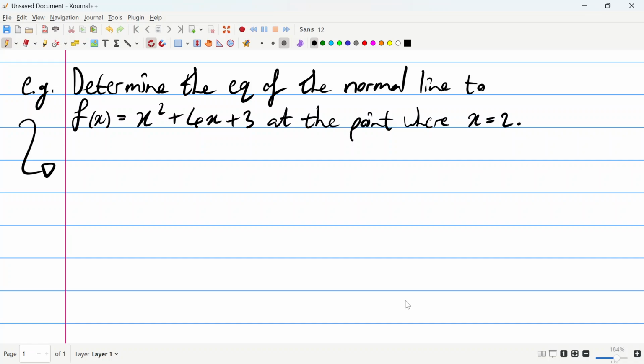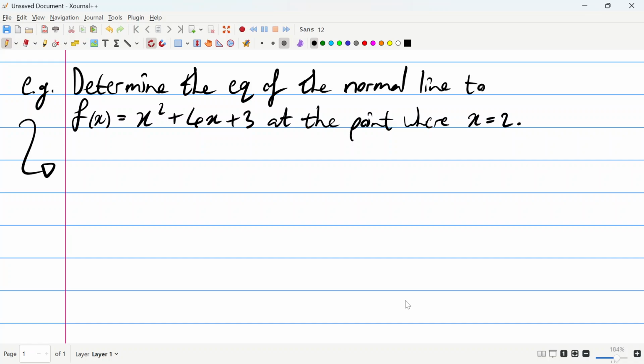Now, first things first. Remember, I said that the normal line is perpendicular to the tangent line, where the equation for the normal line is essentially just going to be -1 over the tangent, right? And this is all in terms of gradients, by the way. So meaning we need to first find the tangent of the function, right?